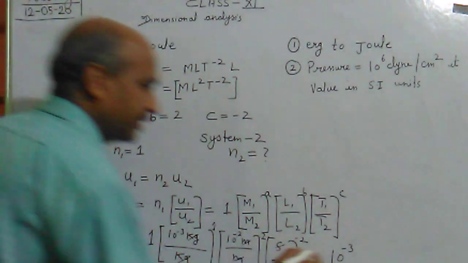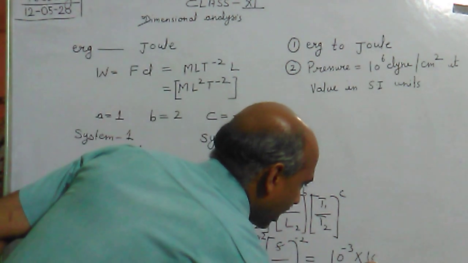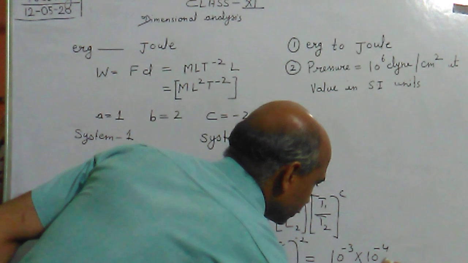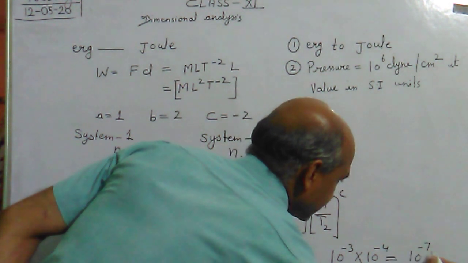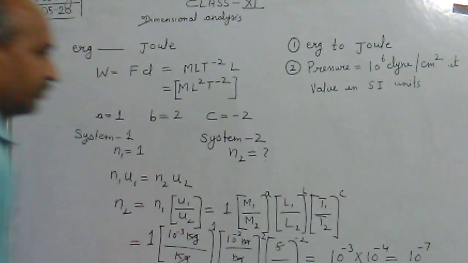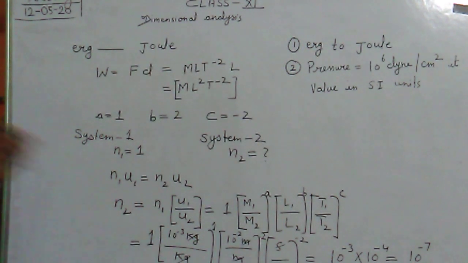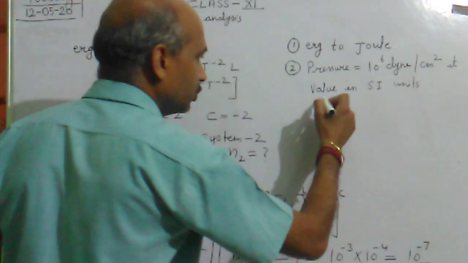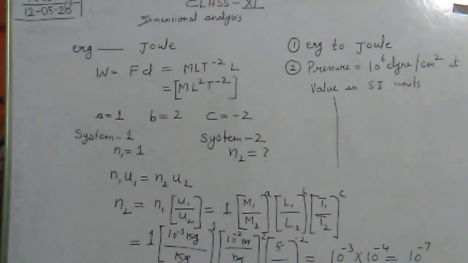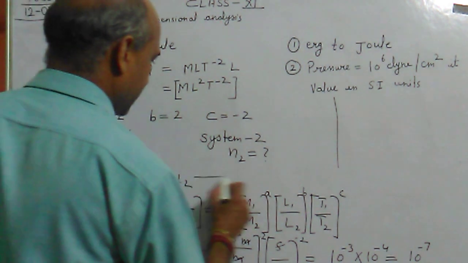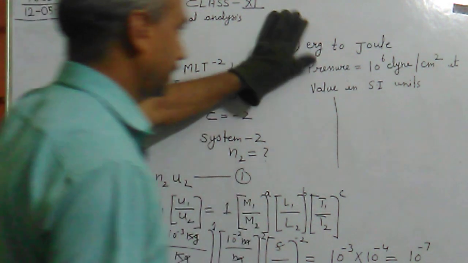So minus 2 into 2 gives me 10 की power how much? -4. So on solving this, how much are we getting? We are getting 10 की power -7. So this is the value of n2. So now using the equation 1, ये हमारी equation 1 है, इसको यूज करते हैं.